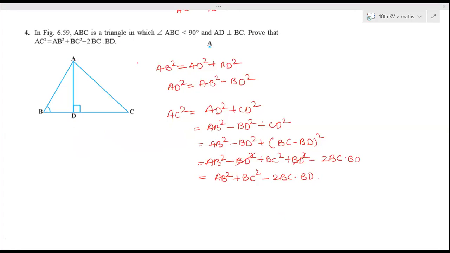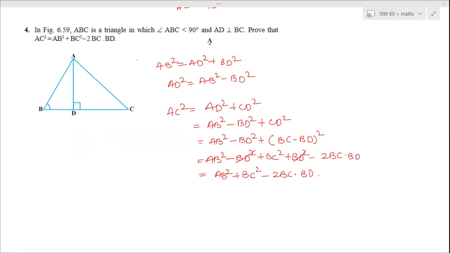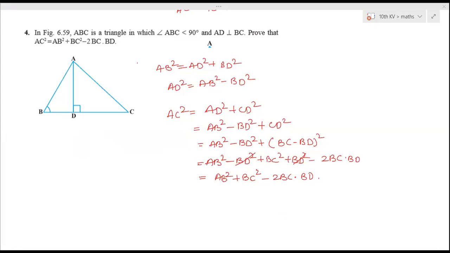The fourth question is somewhat more complicated than that, a similar kind of question. I think we'll do it next class.